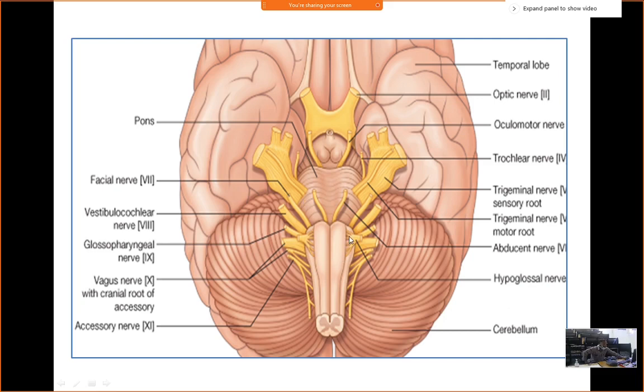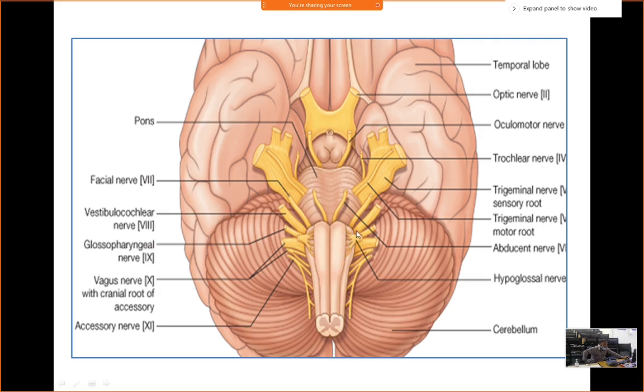Now lateral to or dorsal to the pyramid is another small elevation at the upper part, called the olive. In between the olive and the pyramid, there is a depression called the anterolateral sulcus, which gives attachment to the hypoglossal nerve, the 12th cranial nerve.